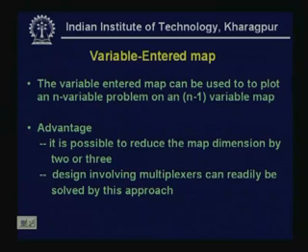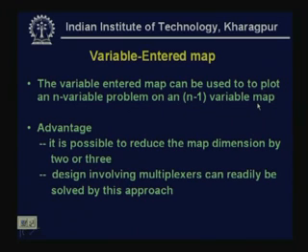Now for larger n variables, say when n is a very big number, this is not a good choice to reduce the function by a K-map. Then the variable entered map can be used to plot an n variable problem on an n minus 1 variable map.